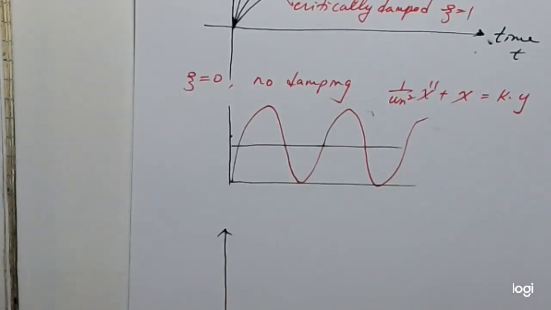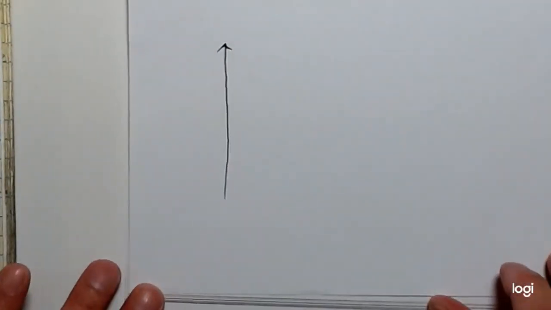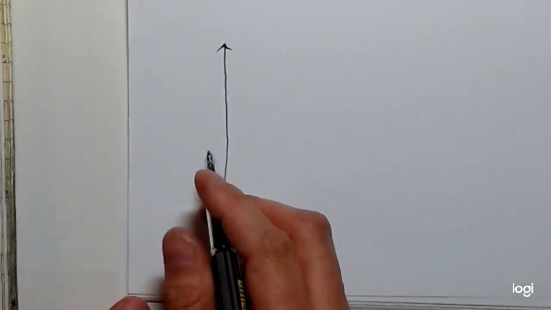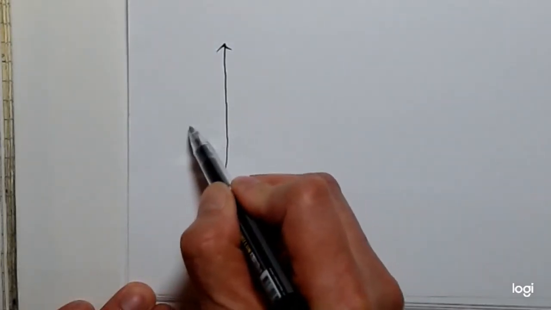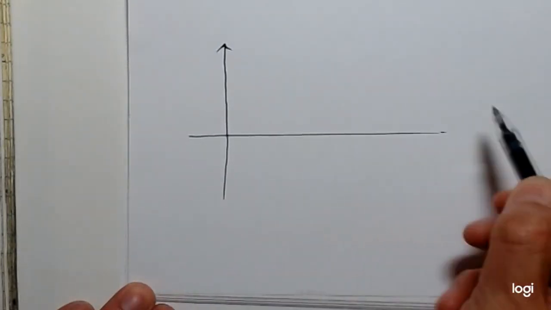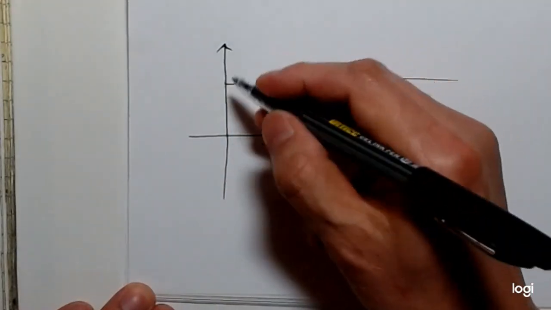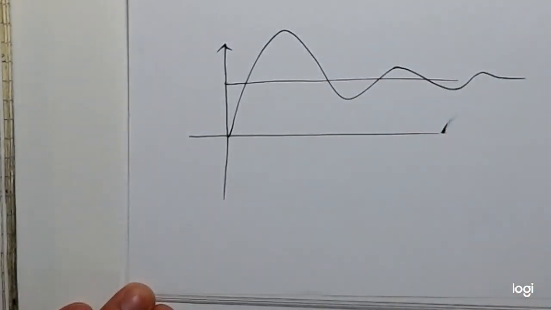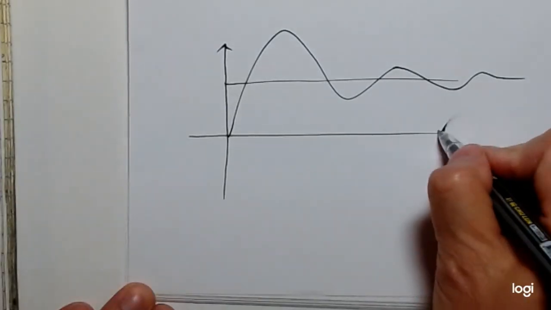So let's do that again. Let me rewrite this equation. Damping ratio, so this is underdamped.